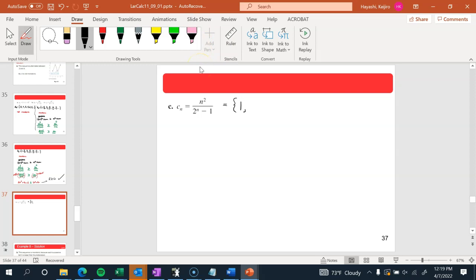If you plug in 2, that's going to be 4 over 4 minus 1, so 4 over 3. If you plug in 3, top is going to be 9, bottom is going to be 5. Plug in 4, it's going to be 16 over 2 times 4 minus 1, 16 sevenths. Okay.